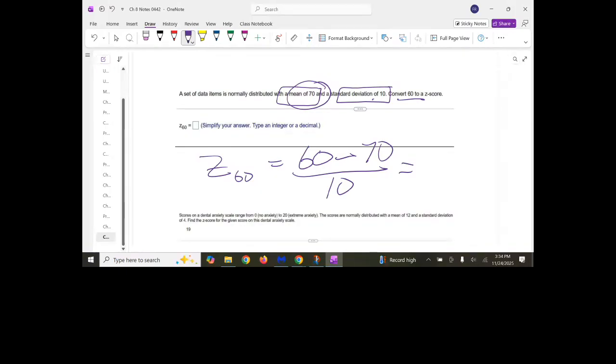Anybody know what 60 minus 70 is? Negative 10. Very good. Negative 10 divided by positive 10, isn't that negative 1? Y'all, because it's negative 1, what we would say is a score of 60 is 1 deviation below the average. Okay, why below? Because it's negative.